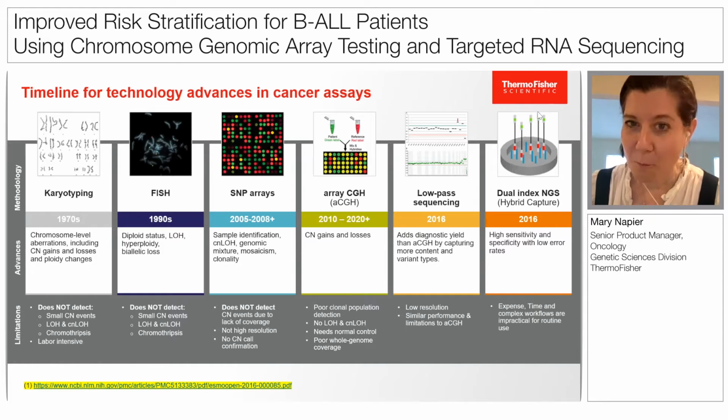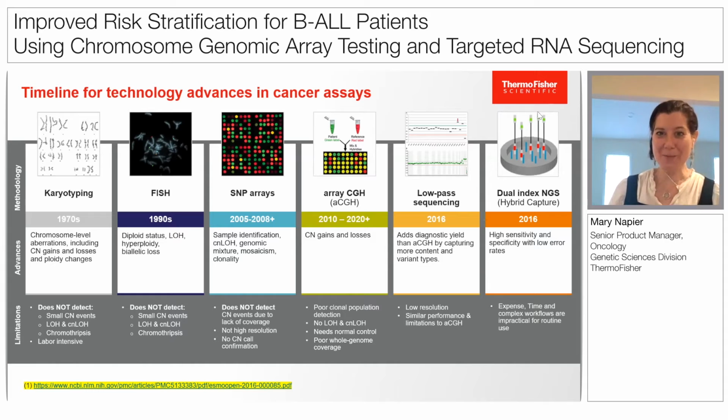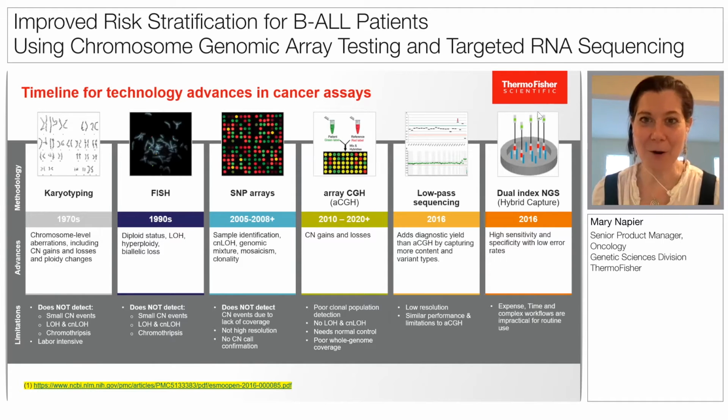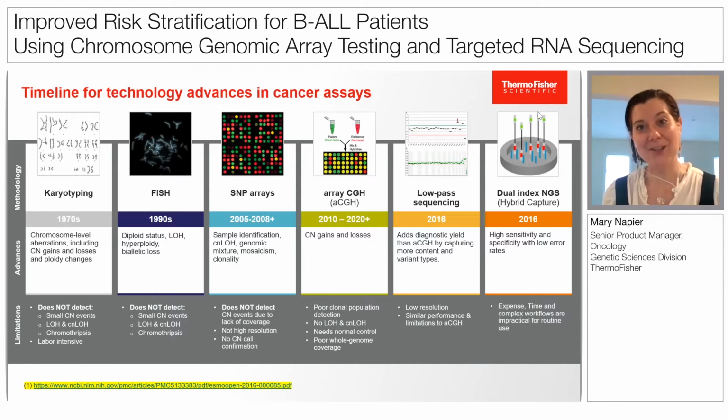So why are we still talking about arrays in 2021? Well, of course, we're talking about arrays in 2021 because dual index NGS, even though it's a fantastic technique and it's going to really open up new areas of biology for us, in order to do routine testing for copy number, arrays really still have a place and often complement NGS.